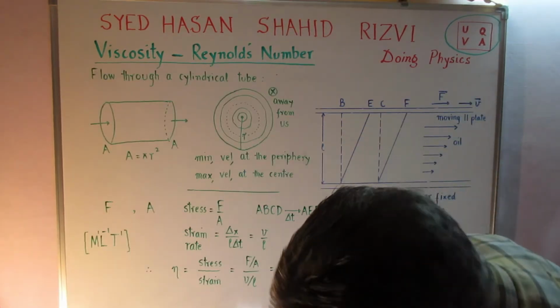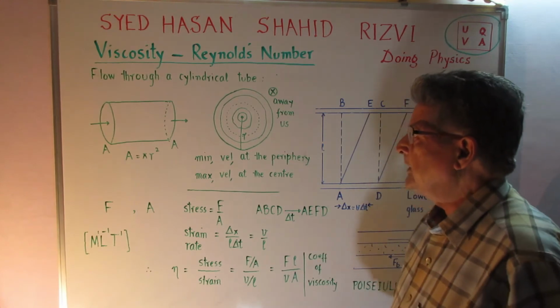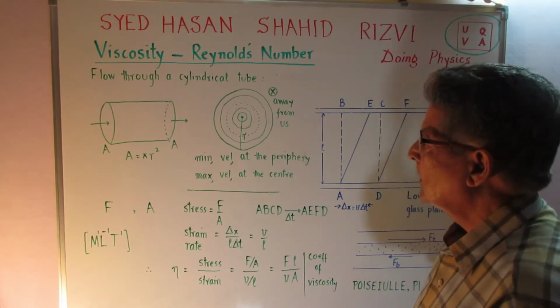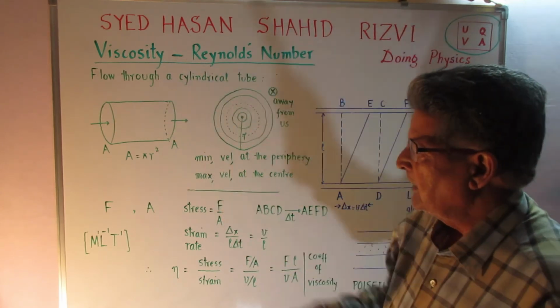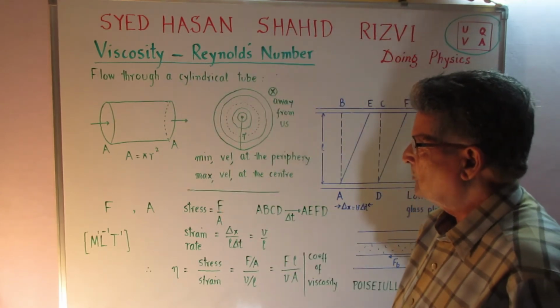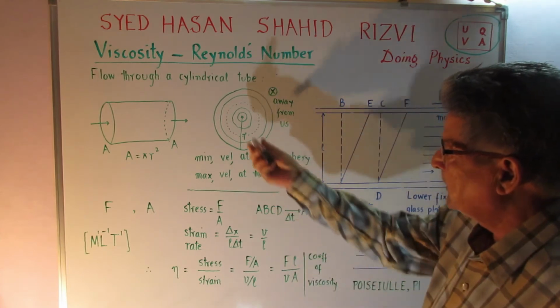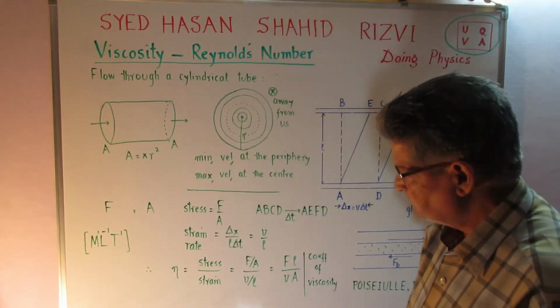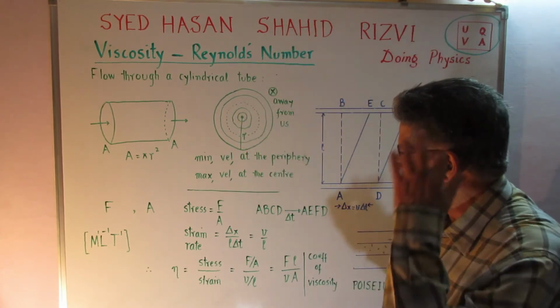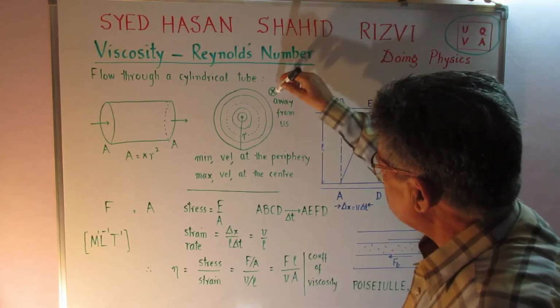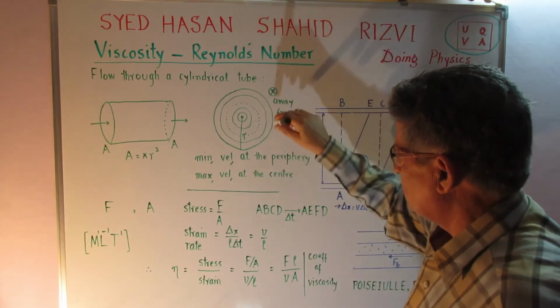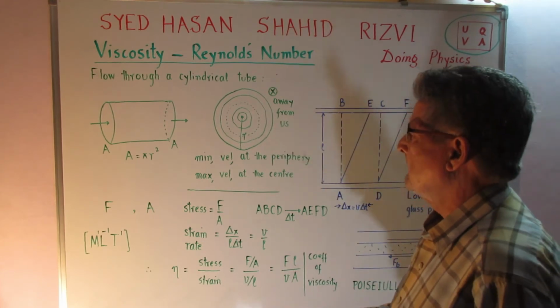So if the flow is through a cylindrical tube, shown over here, with an area of cross section A equal to pi r square, the liquid is flowing away from us from this side to that side.